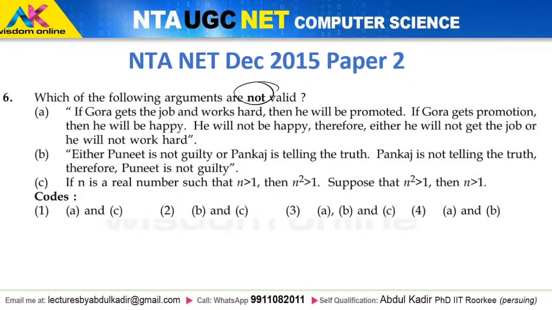Let's see this. Again, some validity question, again some argument question. So let's see the first statement. What is he saying? If Gora gets the job and works hard, then he will be promoted. This is the first hypothesis.